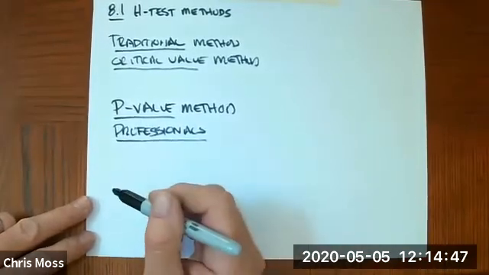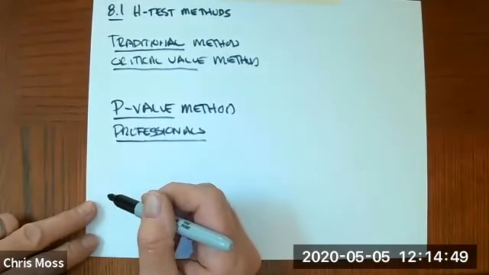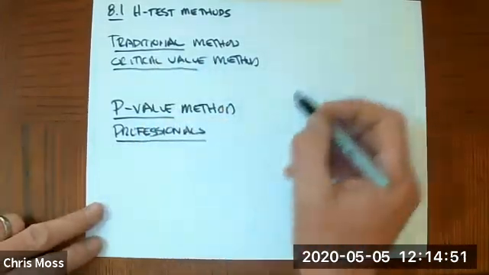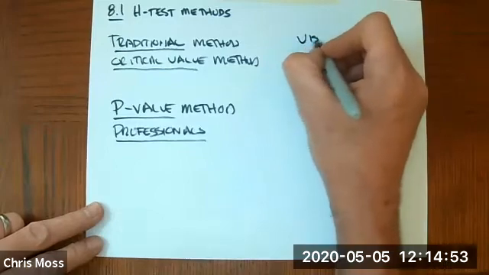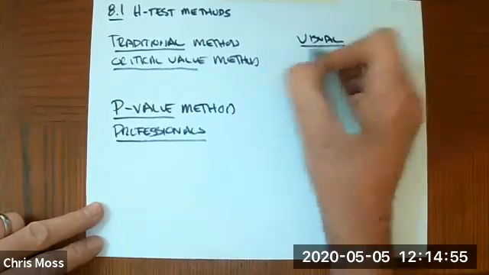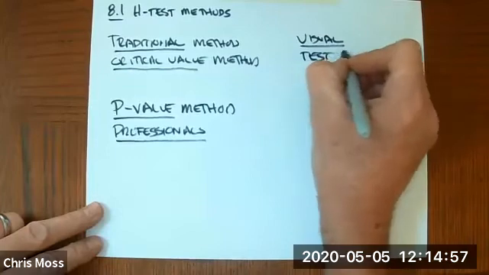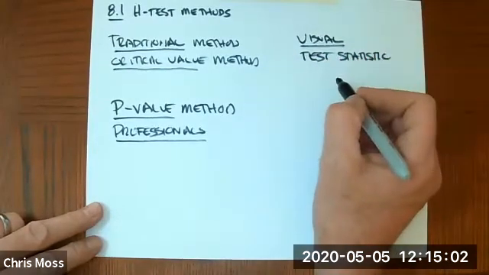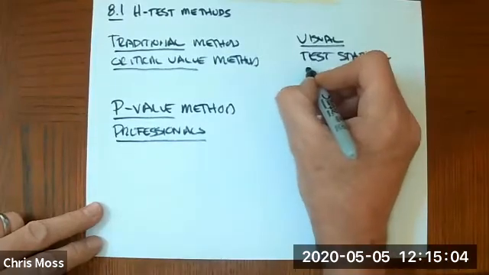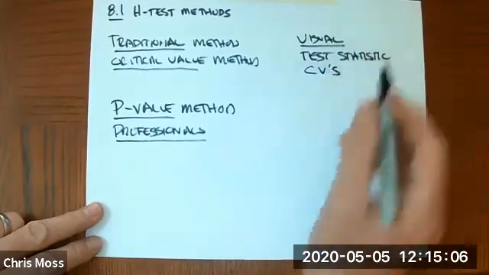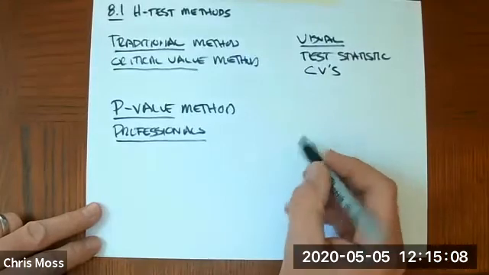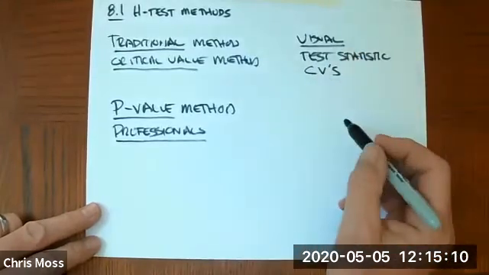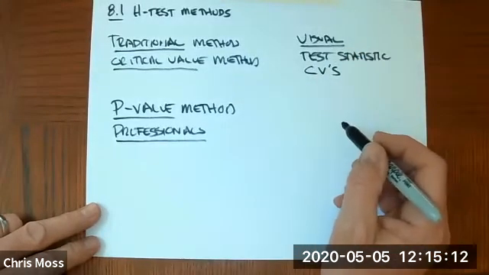So it's really the way to go about doing this. I do like the traditional method because it is visual. Pictures are good. It uses the test statistic, which we've talked about, and it uses the critical values and the rejection region.